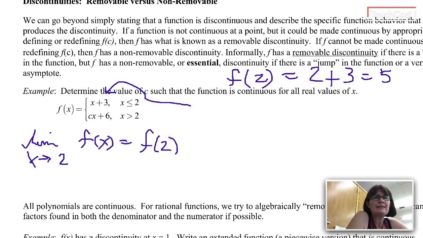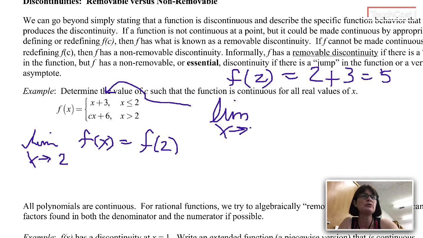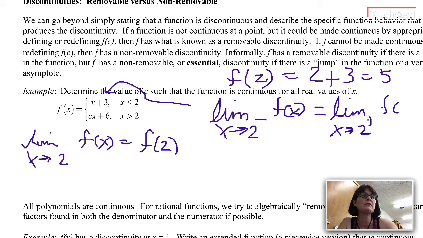But what's the limit as x approaches 2? Well, I have this problem: if I don't pick the right value of c, I'm going to have two lines that approach a different y value. So I want them to approach the same y value. That's going to make my limit exist, and I'm going to make sure that limit is equal to 5. So I need the limit as x approaches 2 from the left of f of x to equal the limit as x approaches 2 from the right of f of x.